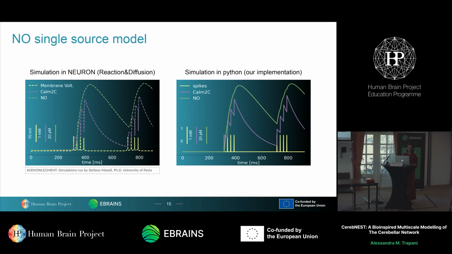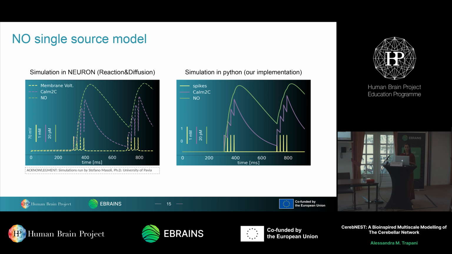So we compare the single source model with the simulation run in Neuron using the reaction and diffusion module that implements the same function but with a different modeling approach. In particular, we exploit its ability in simulating with a high level of realism the biochemical reactions taking place in the intracellular space.